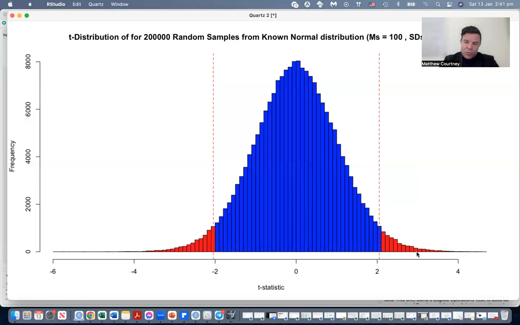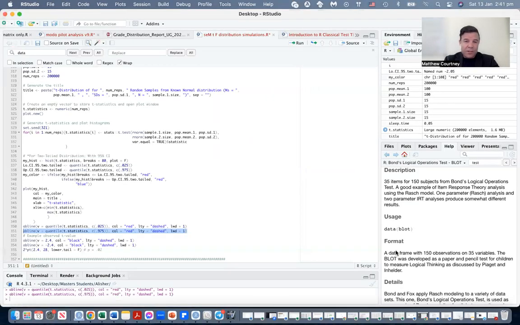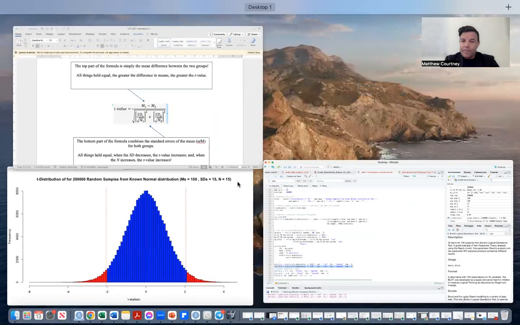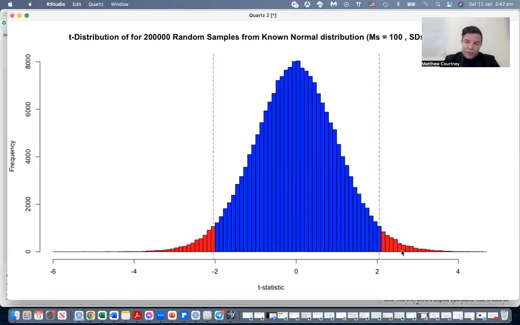So the result is 2.4, around about here. Did I say positive 2.4 or negative 2.4? The result is 2.4. So that means that the female sample had a higher IQ than the male sample because the result is positive. So the result is 2.4.